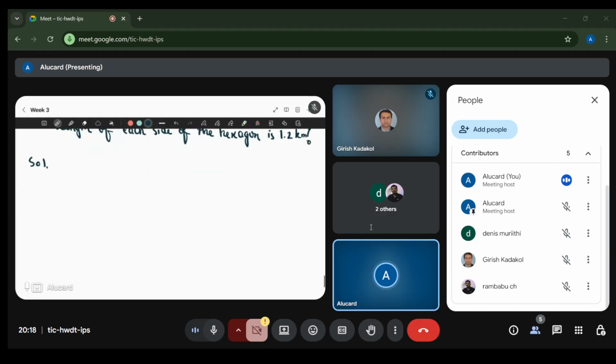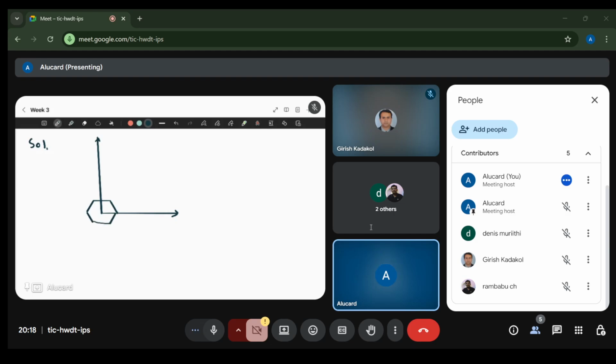Okay. Now the coordinate system is like this. So you have the center of one of your hexagons as the origin 0, 0, and you have normalized it.